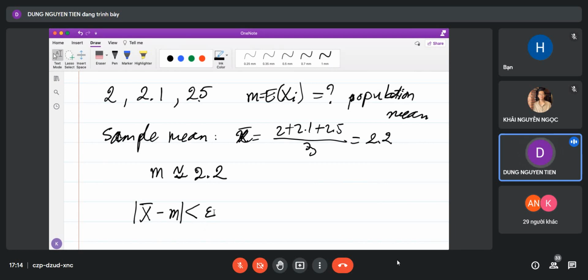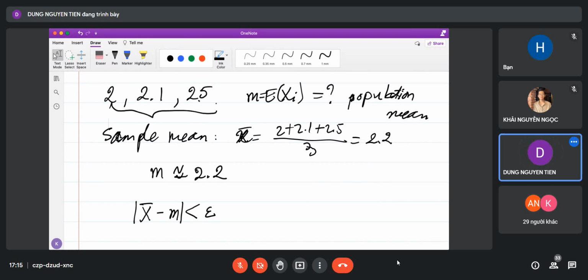However, there is no guarantee that this inequality is always true. Why is that? Because you only get 3 observations here, right? They are random observations. There is a chance, could be a small chance, but there is a chance that the numbers that you observe are far from the actual mean, which makes the difference between the sample mean and the population mean big, correct?